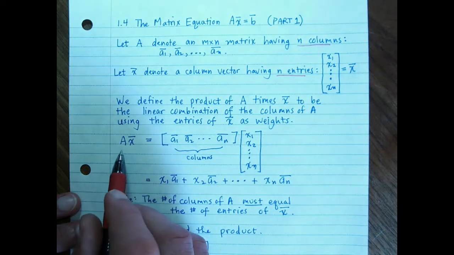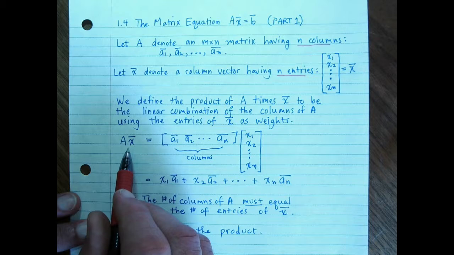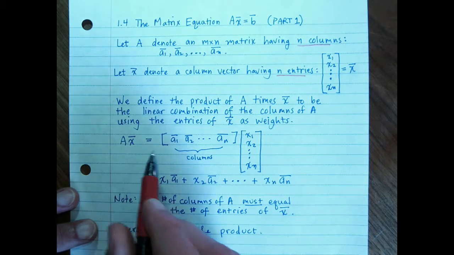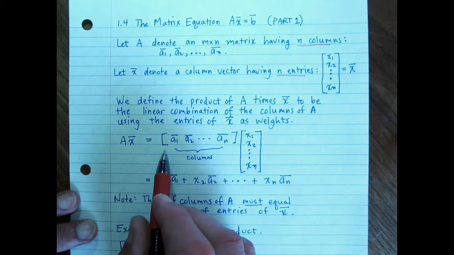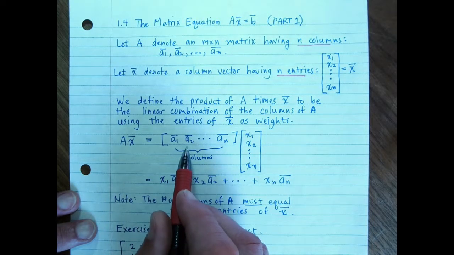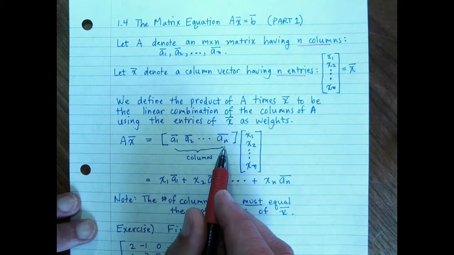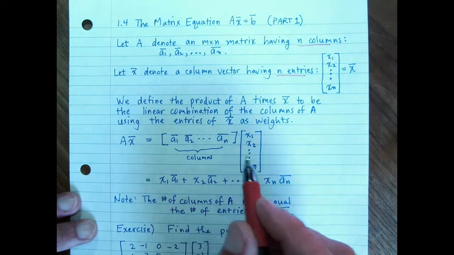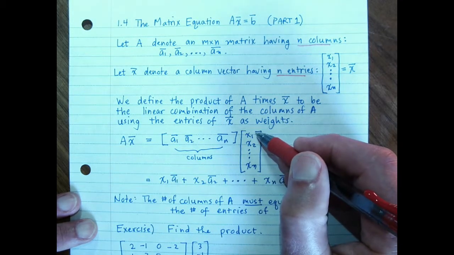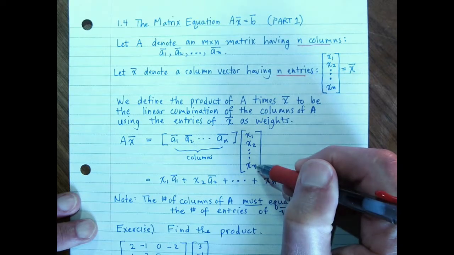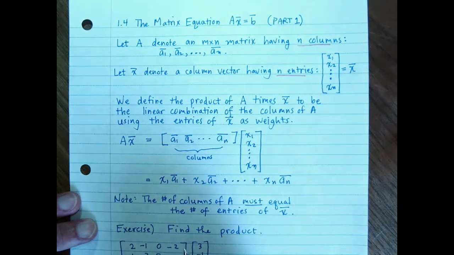That's quite a mouthful. A times x is going to equal, well, I'll write the matrix A in terms of its columns. So column A1, column A2 through column An times the vector x, which I write as x1, x2, dot, dot, dot, xn.